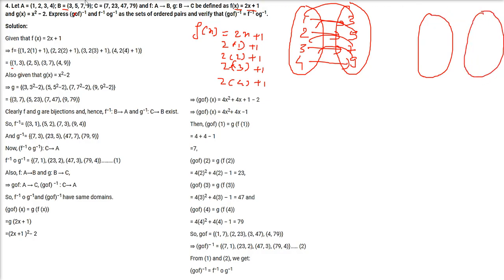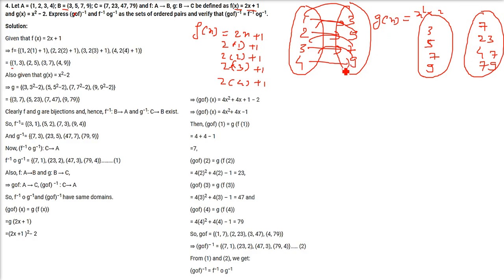B to C. So 3, 5, 7 and 9, and in C we have 7, 23, 47 and 79. The g function is x square minus 2.